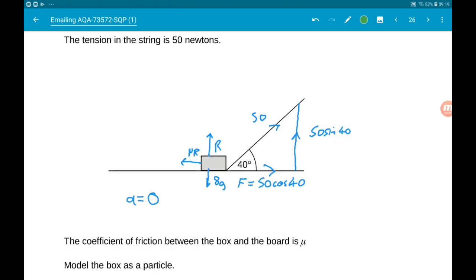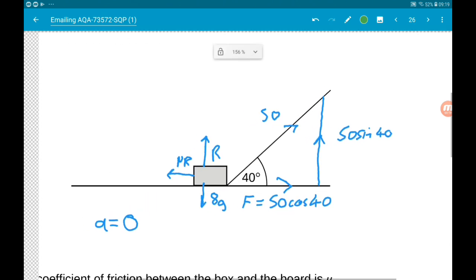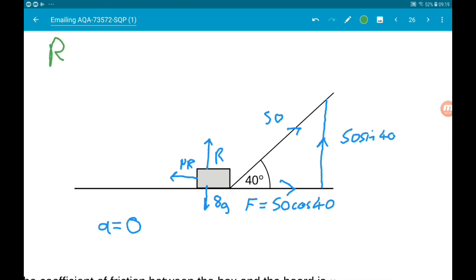Okay, so we know that the box is only moving horizontally, so there is no vertical movement. That means our vertical forces are in equilibrium. So we know that R add 50 sine of 40, our two vertical forces, are equal to our downward force 8g.